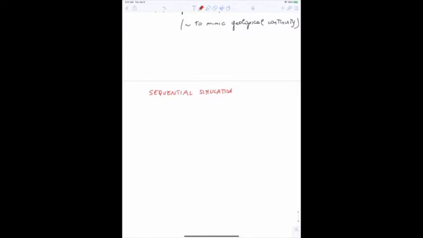And the idea is relatively simple. Let's say that you have a spatial model, and excuse me, we're going to divide this model in different cells.